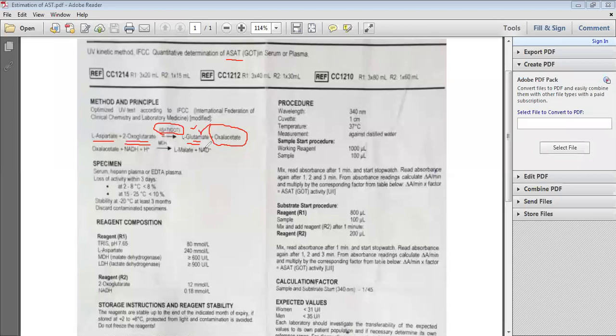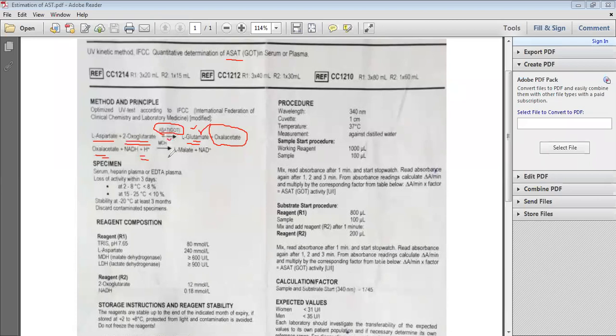This test would use oxaloacetate, and this oxaloacetate would react with another compound, that is coenzyme, available in the kit in reagent 1. Now oxaloacetate is reacting with one molecule of NADH in the presence of MDH.